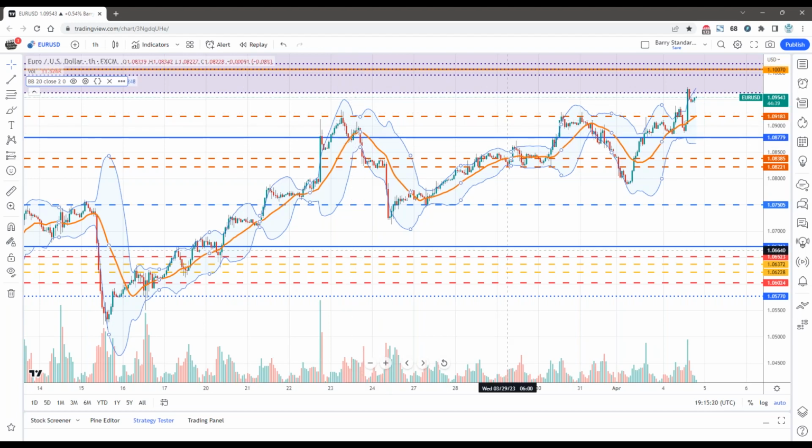Now, Bollinger Bands makes all kinds of funny shapes. Sometimes it looks like a worm, sometimes it looks like a snake, sometimes it looks like a dragon. Okay. What it looks like is irrelevant to us. It doesn't tell us anything. The width of the bands does tell us something very, very important.